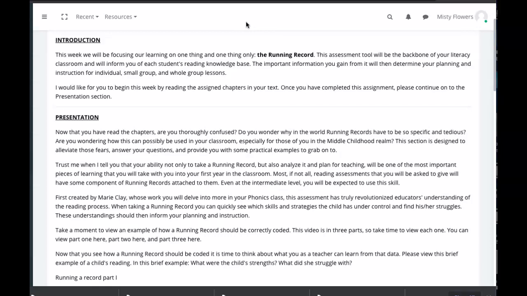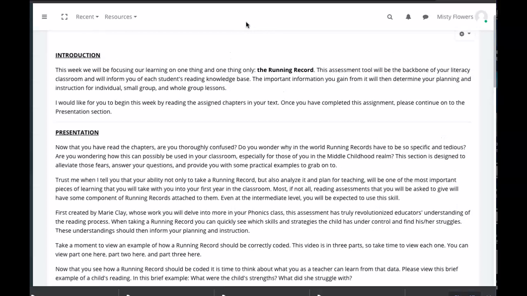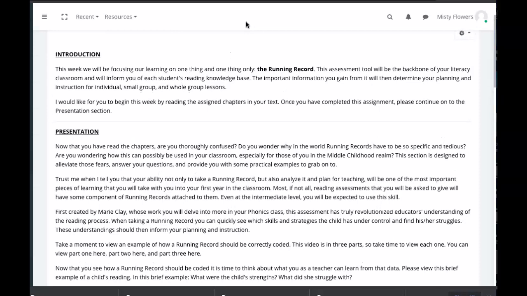When taking a running record, the teacher sits beside the student while the student reads. Usually, a running record is taken on a book that the student has read once before. It's probably the new book from the previous day's guided reading lesson.